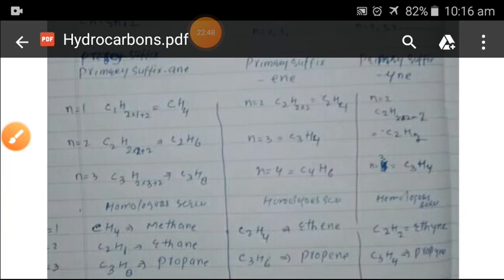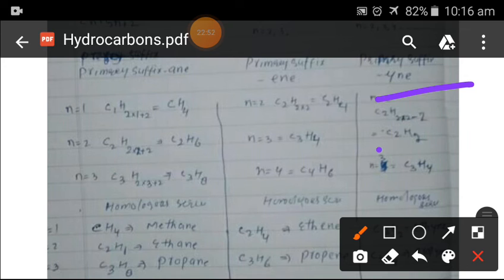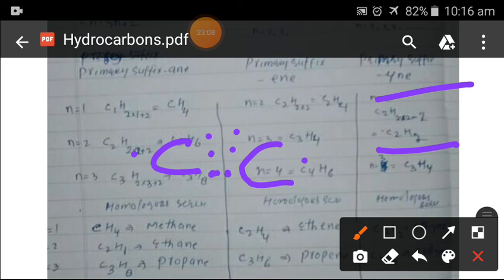Clear? Similarly for the alkynes, you will see the first member is C2H2. There are two carbon atoms and four valence electrons each. We know that there are three bonds here, so you will see three shared electrons. One bond forms, second, third. So how many bonds result? The rest of the valence is filled by hydrogen, so the member becomes C2H2.